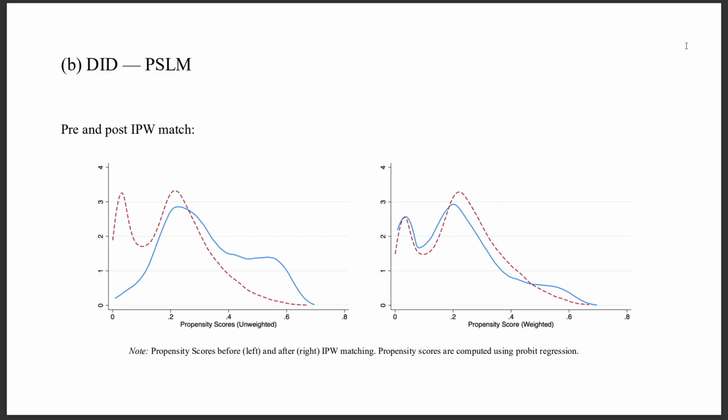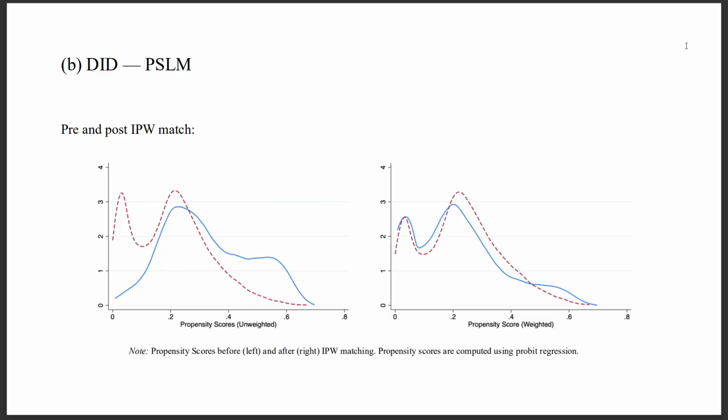To further add robustness to my DID analysis, I also conducted pre-baseline matching, because there is a substantial overlap of propensity scores, which you can see in the first figure over here. The more suitable model for this kind of matching was inverse probability weighting, and that is what I have done at the pre-baseline to add robustness to the DID analysis.